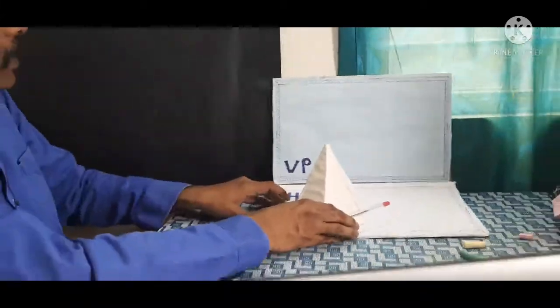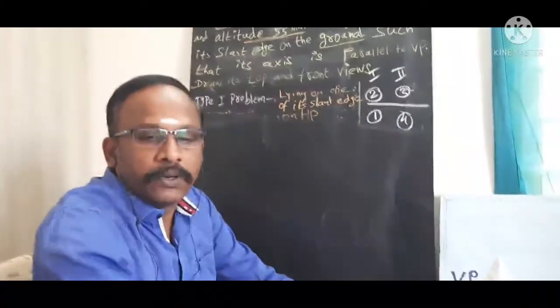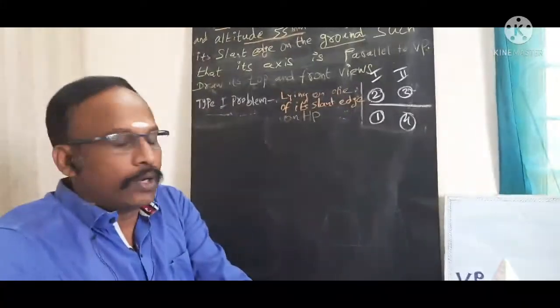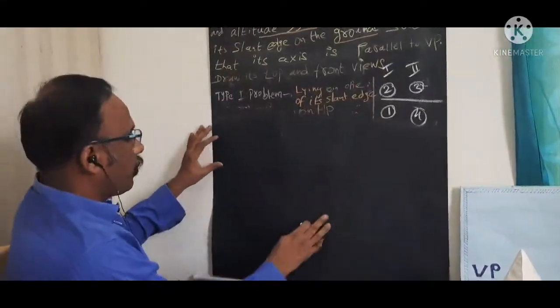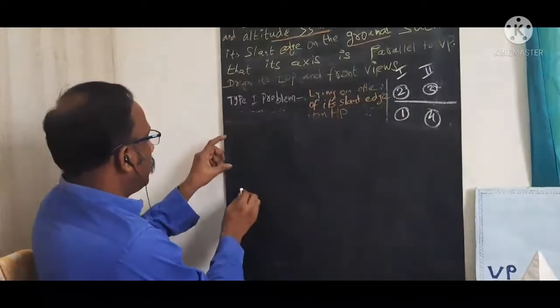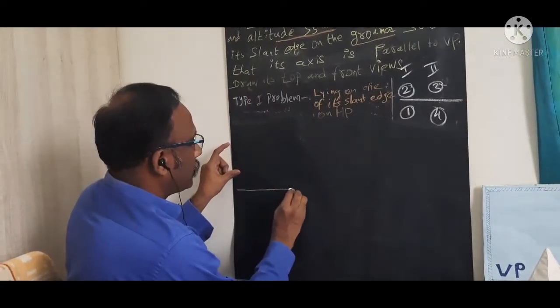Now we can go to the board for drawing the projection of this particular solid, right? Okay, first step, normally we draw the XY horizontal line. I am going to draw the XY reference line first.